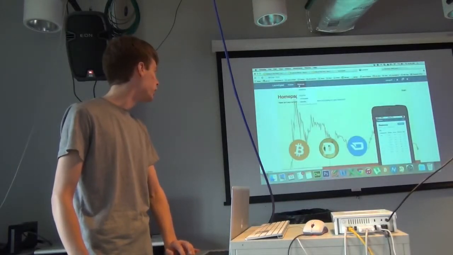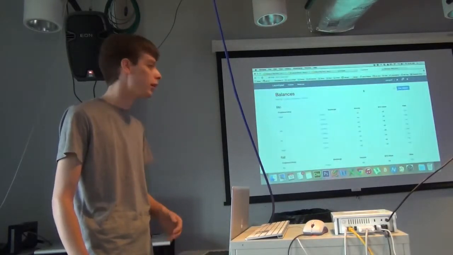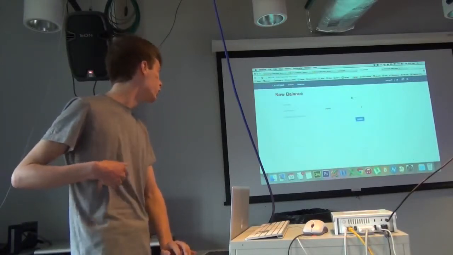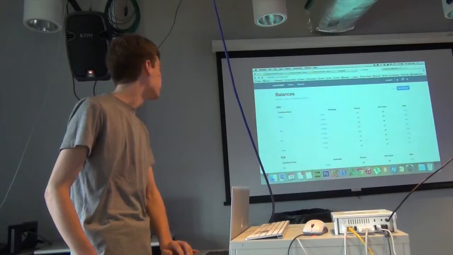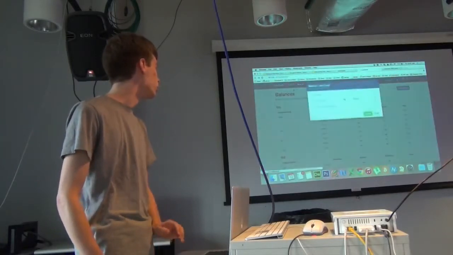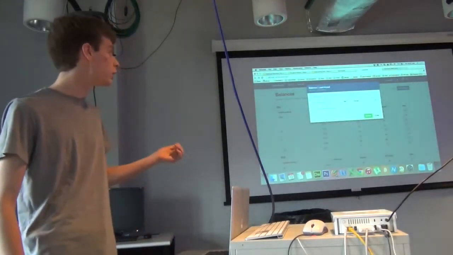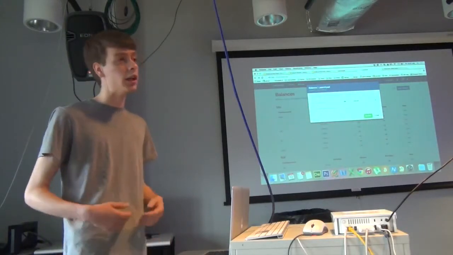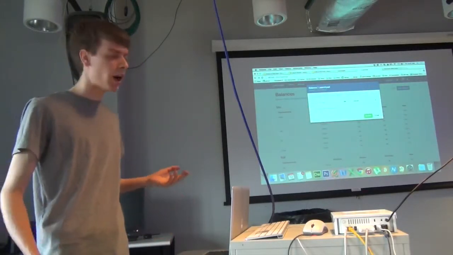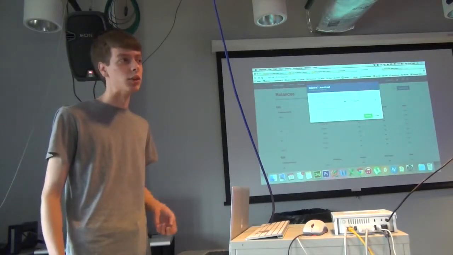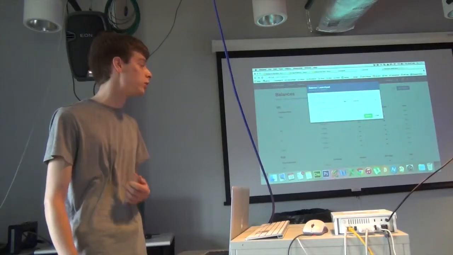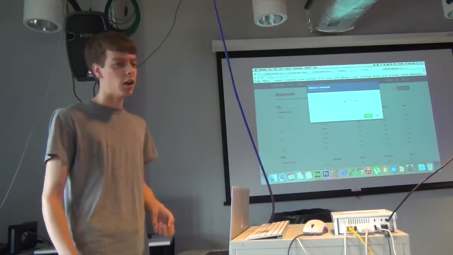Basically, the idea behind this site, I mean, I could just keep on going, but the basic idea is that you create a balance, and then you can submit information to it. I can create any account, any balance on any exchange. I can submit to it. I can track buys and sells. Eventually, there's going to be some level of analysis.